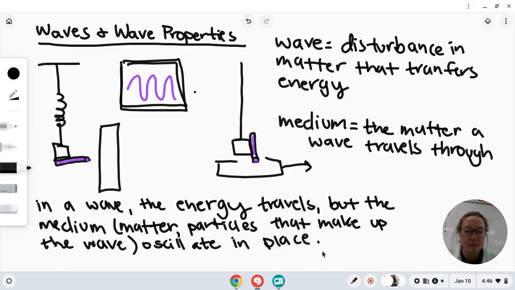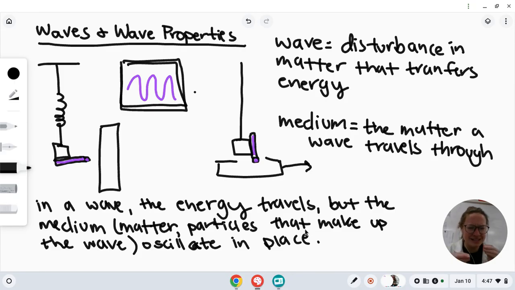A lengthy sentence, but an important one. In a wave, the energy travels, but the medium, the matter or the particles that make up the wave, those just oscillate in one place. They don't move with the wave.